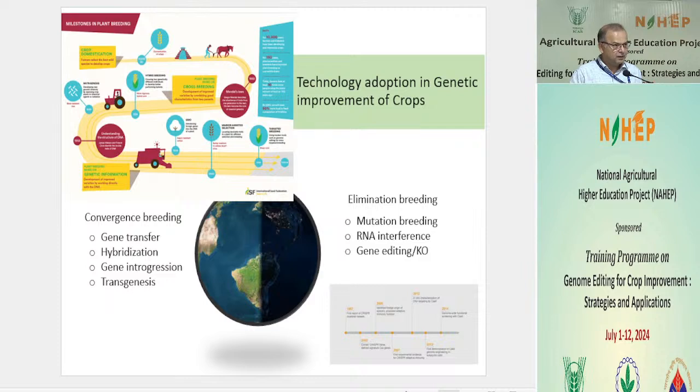But after the development of gene editing techniques, the other part is also accessible, elimination breeding. You can selectively eliminate or modify any trait by creating a very precise mutation in the target region.